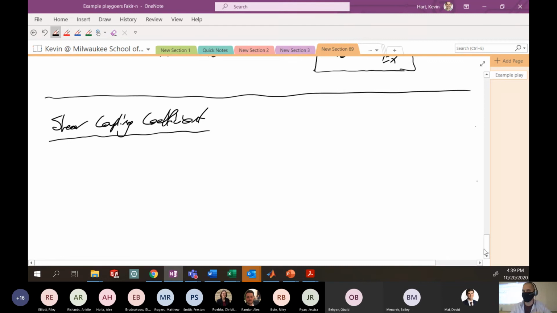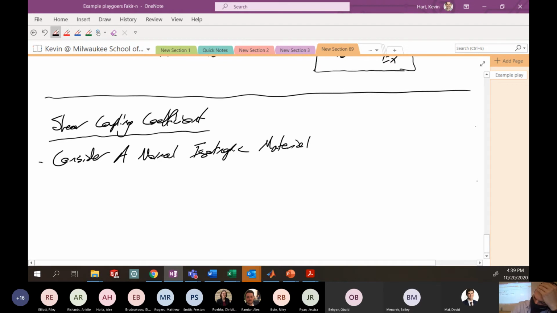Take your normal isotropic material, and we'll load it longitudinally. We'll just do this in two directions.